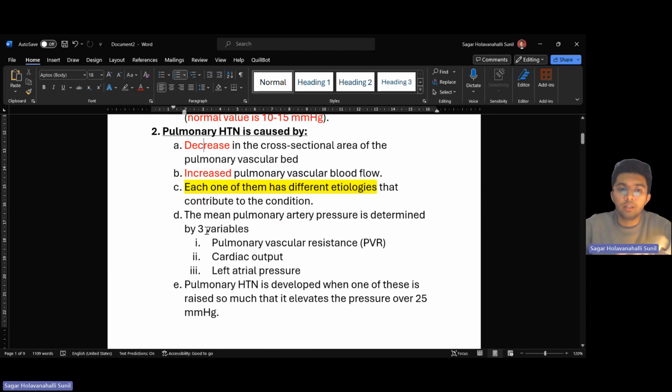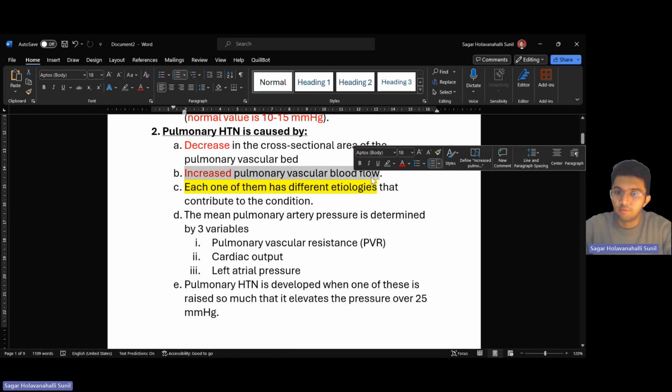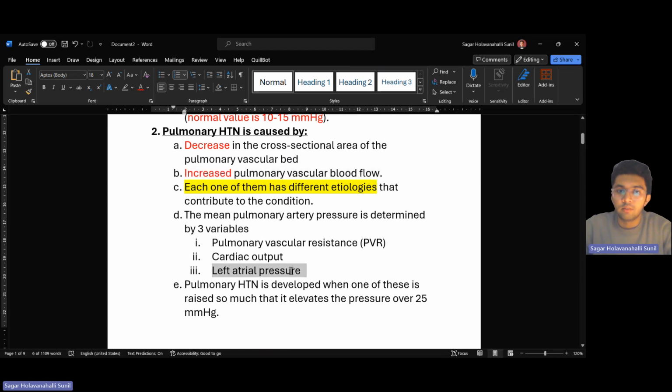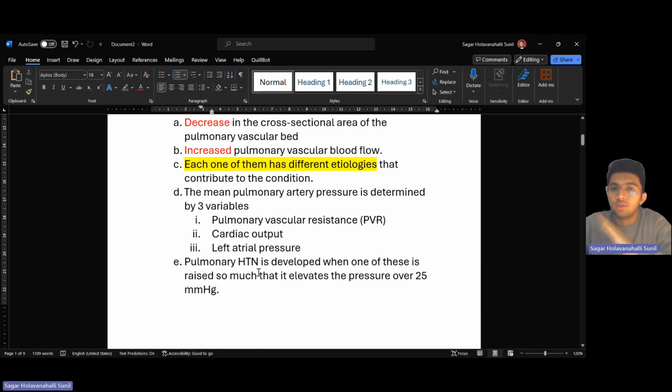The three main variables involved in regulating these two points are, first, pulmonary vascular resistance: the more the resistance, the more the hypertension. Second, greater cardiac output, which will result in increased pulmonary vascular blood flow. And third, increased left atrial pressure, which will transfer the pressure backwards into the left atrium and then into the pulmonary vasculature, as I had mentioned before. So, those three points.